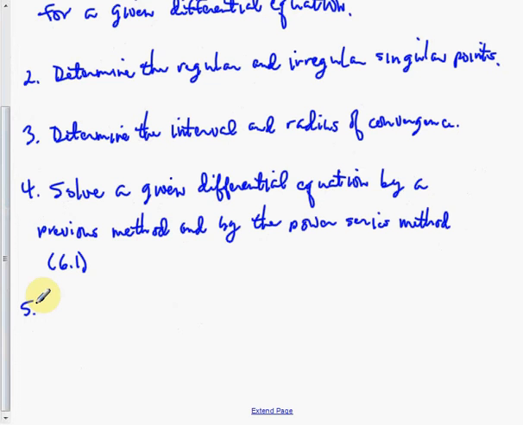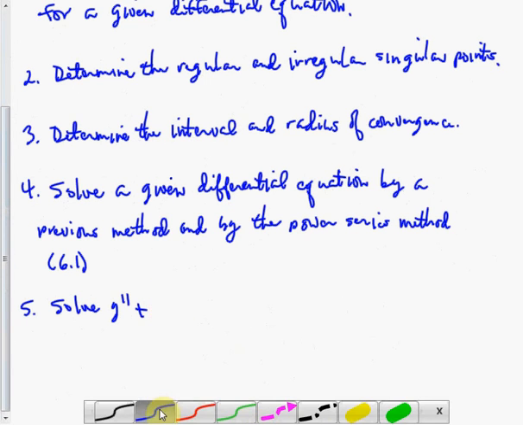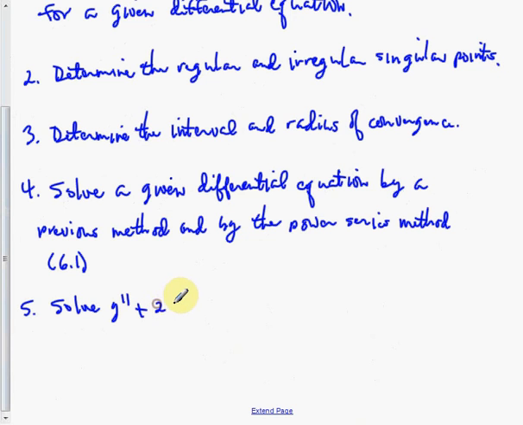Number 5, solve y double prime plus 2xy equal to 0 by power series.